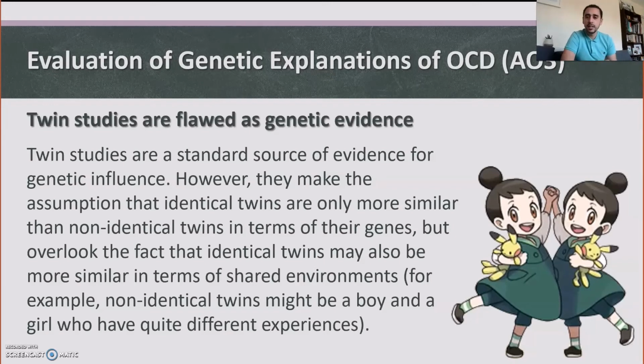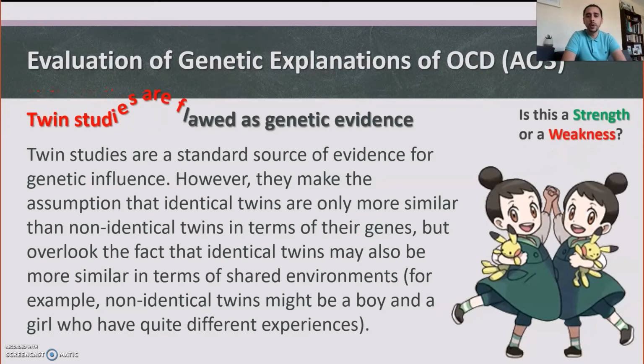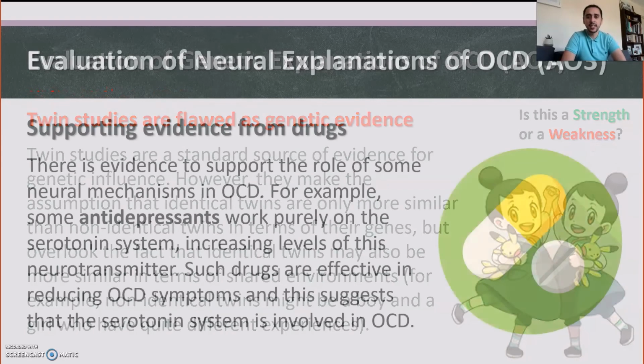They've done all these things because they're identical twins. So identical twins have more similar life experiences than non-identical twins. So it's difficult to separate the nature from the nurture. So twin studies are flawed as genetic evidence.